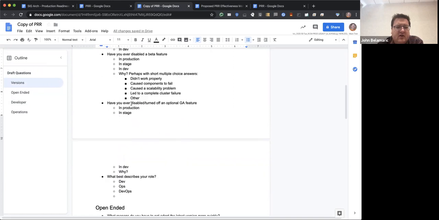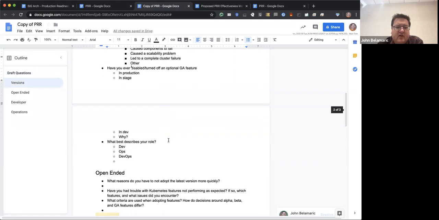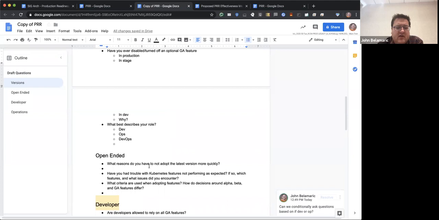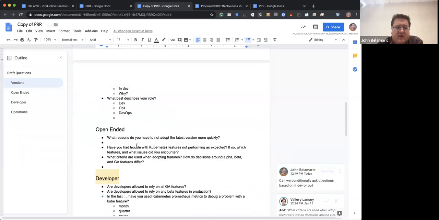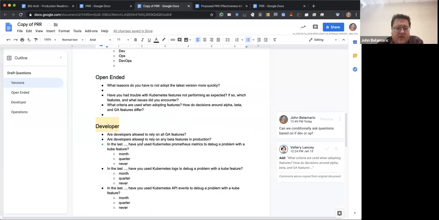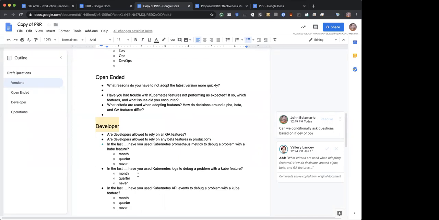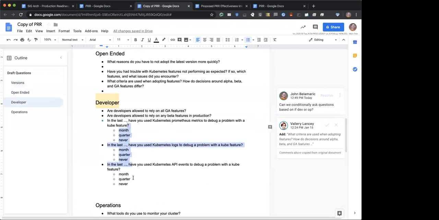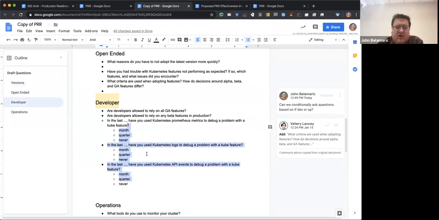Okay. Have you ever disabled, turned off? That's a qualifier. This is also, I would say, measuring effectiveness. This is helping to understand where we should target. The way I read this is it helps us understand whether the tools we're providing for resolving live issues are useful.